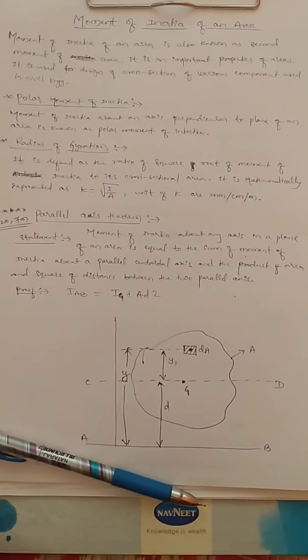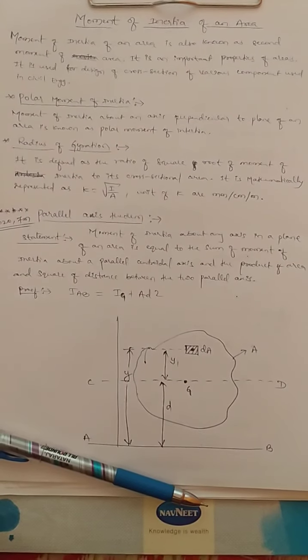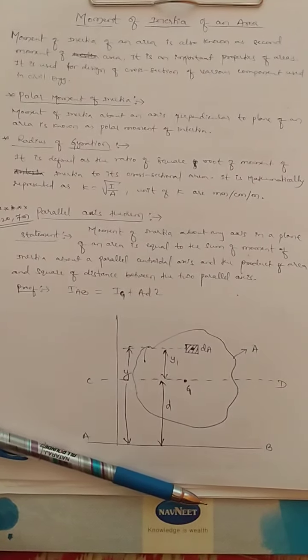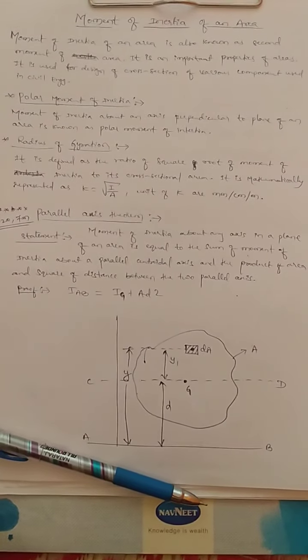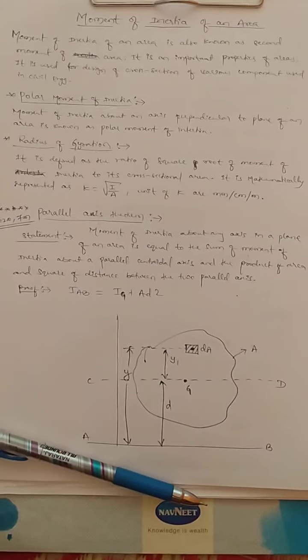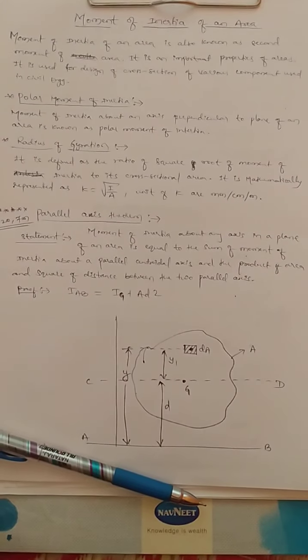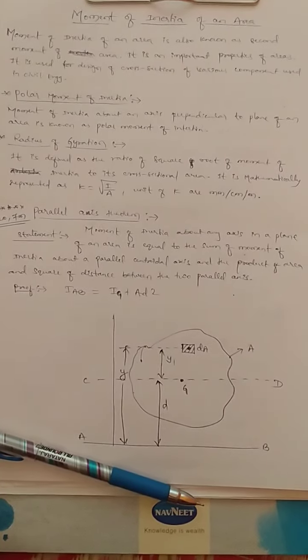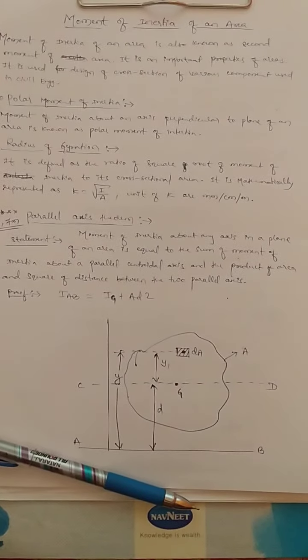In the proof, we are supposed to prove that moment of inertia about axis AB is equal to IG, that is the centroidal moment of inertia about the centroidal axis, that is Ixx, plus area into the square of the distance between the two parallel axes.